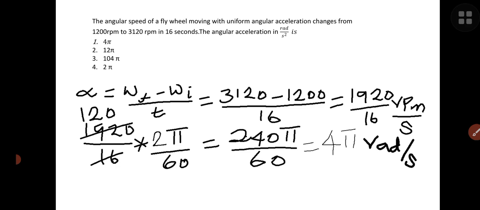Omega f is given as 3120 rpm. Omega i, the initial angular speed, is given as 1200 rpm, in 16 seconds. So substituting the values, we get 1920 divided by 16 rpm per second.